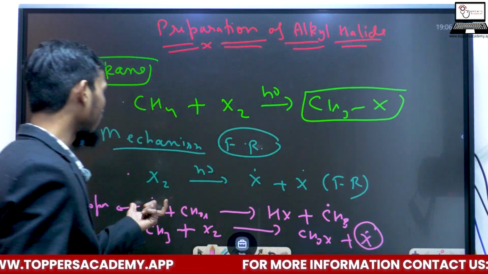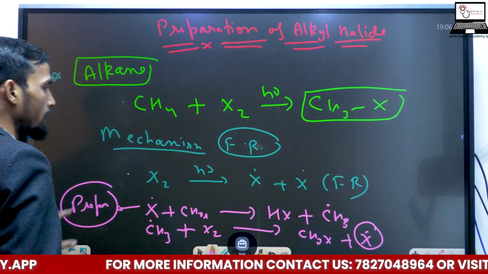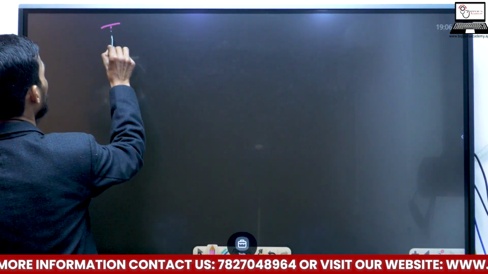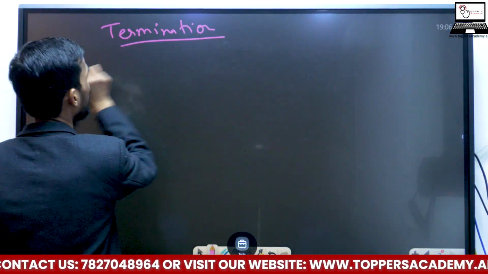The thing which we were getting in the initial step to initiate our reaction, we are again getting in the propagation reaction. So in the termination step, the chain termination, we will again get two types of reactions.